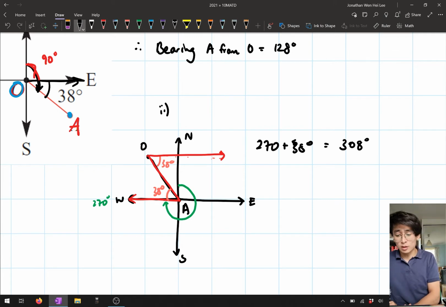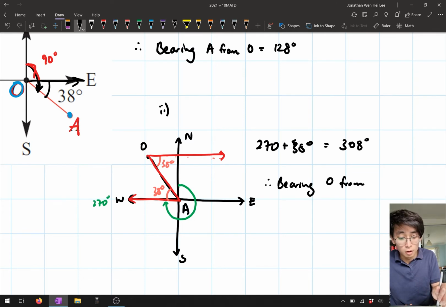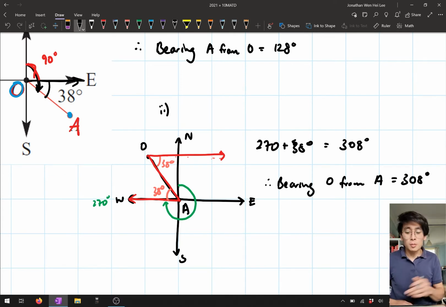Therefore, the bearing of O from A is equal to 308 degrees. For this one, we needed to draw a separate diagram to visualize where that bearing was. Okay, so that's how we can write bearings of different points from each other.